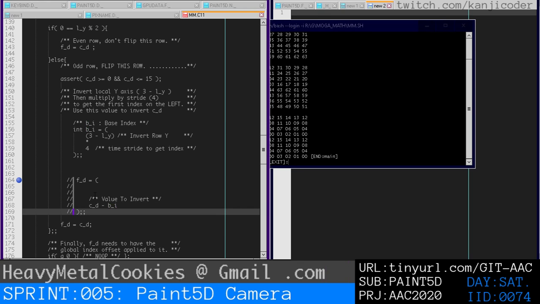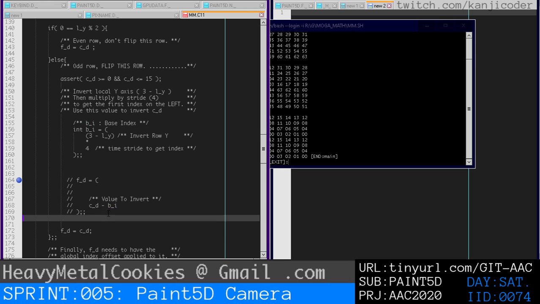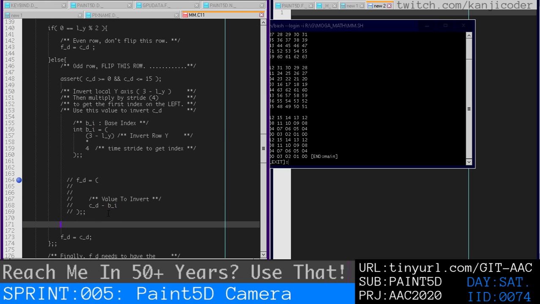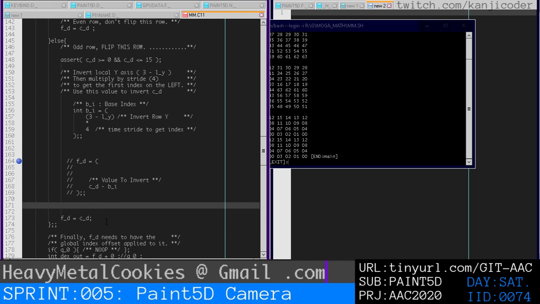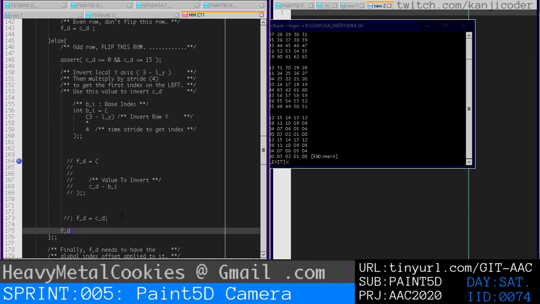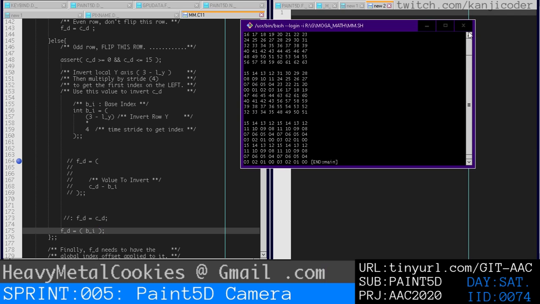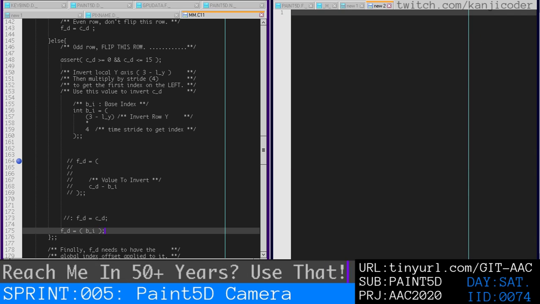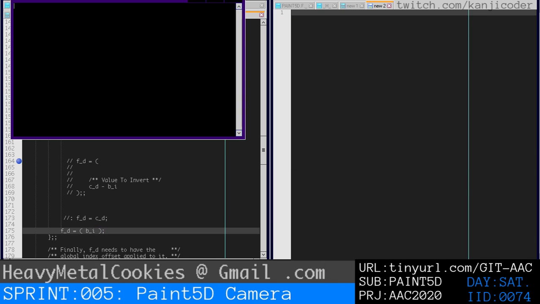Let's make sure those base indexes make sense, and that they're actually counting in the direction we think they're counting in. So I think maybe they're not.